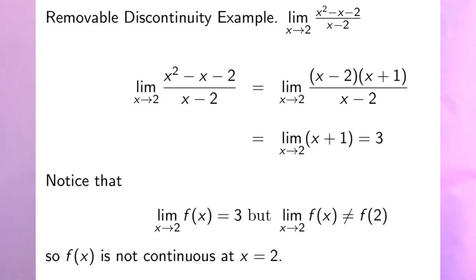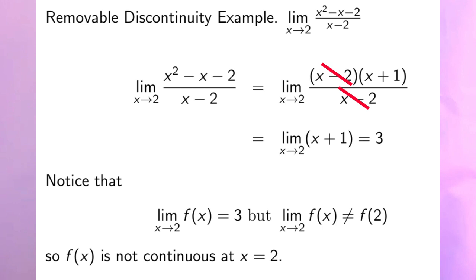Notice that we can factor the numerator. When we factor the numerator, we get x minus 2 times x plus 1. Notice that we have an x minus 2 in the numerator and an x minus 2 in the denominator. We can cancel those out, and the reason for that is because the graph of x minus 2 times x plus 1 over x minus 2 is the same as the graph of x plus 1, but with that discontinuity.